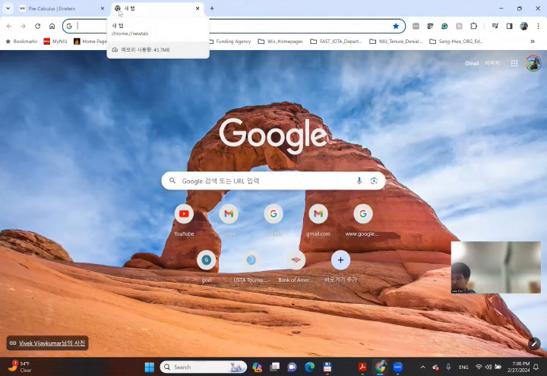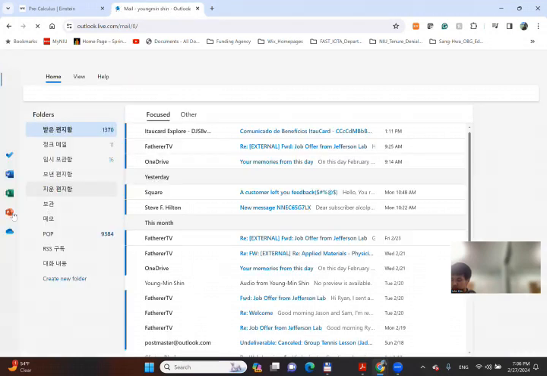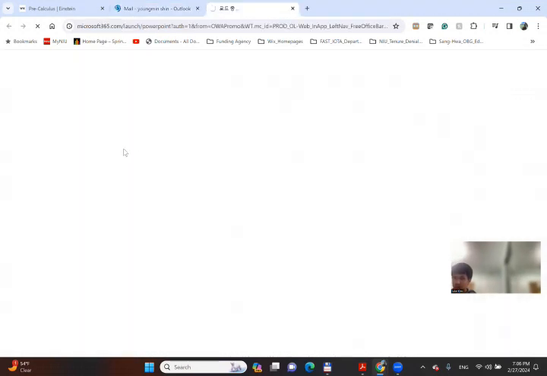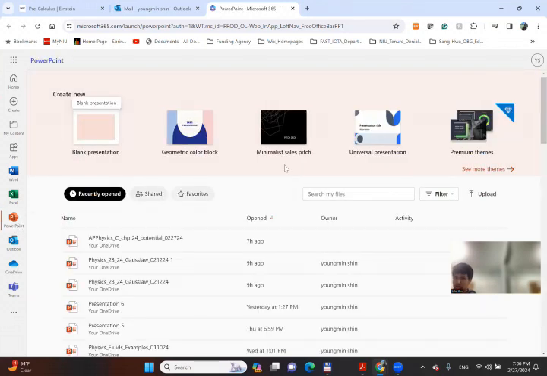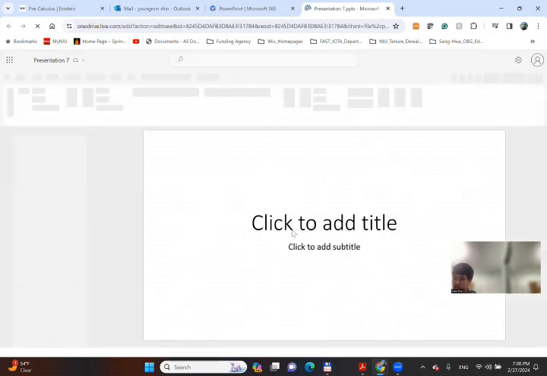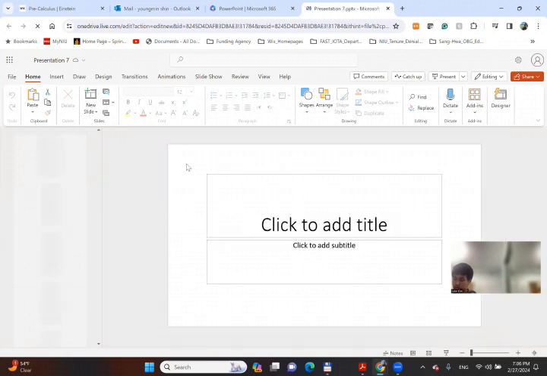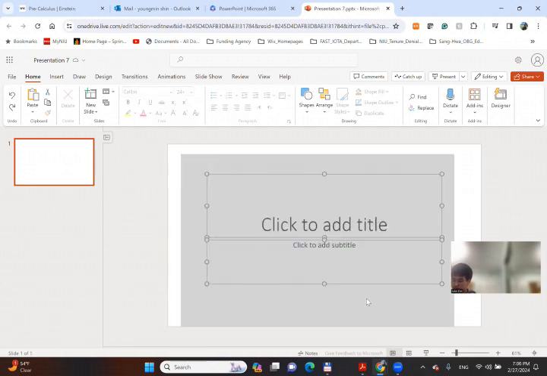Hold on a second. Let me pull up the PowerPoint slide to explain the ideas. So the reason to use the limit symbol is for expressing a mathematical quantity. So let me give you one good example.